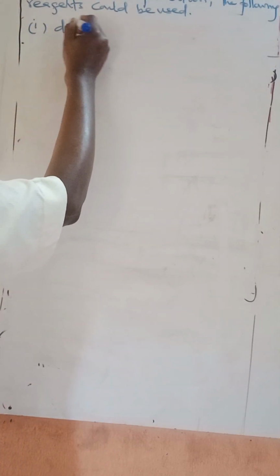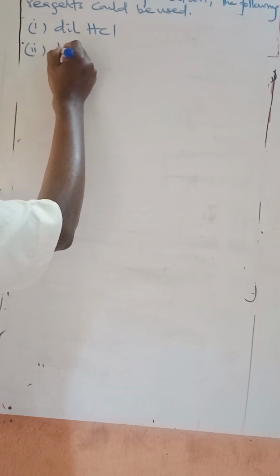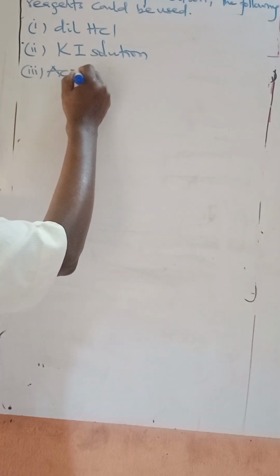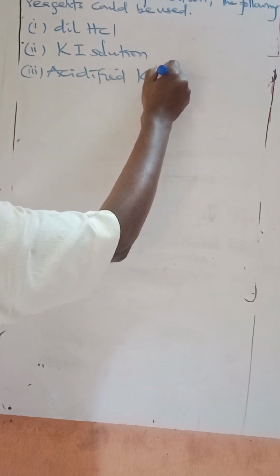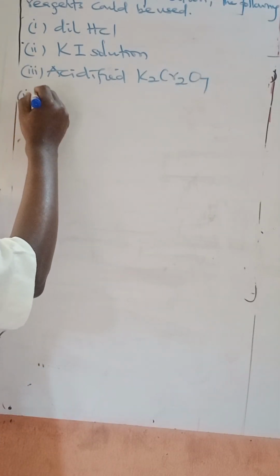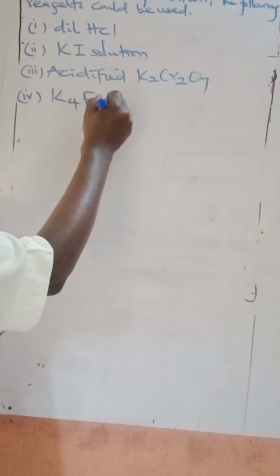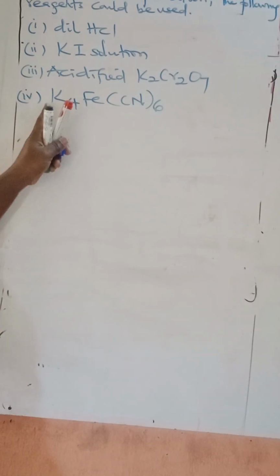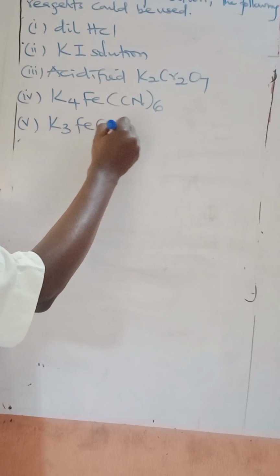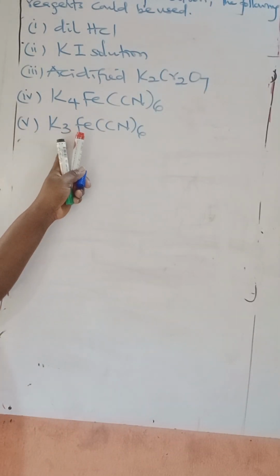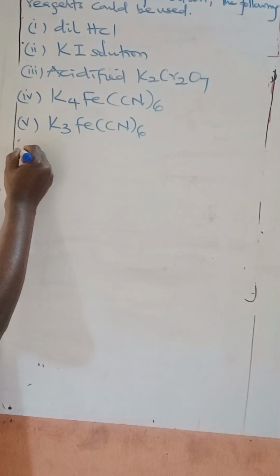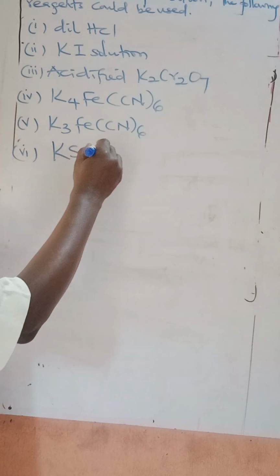One, dilute HCl, potassium iodide solution, acidified K2Cr2O7, potassium hexacyanoferrate(II), K4Fe(CN)6, potassium hexacyanoferrate(III), K3Fe(CN)6. Why is this one a 2? Then finally, we have KSCN.